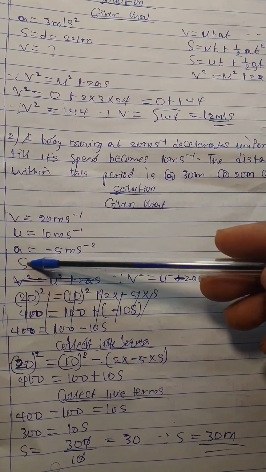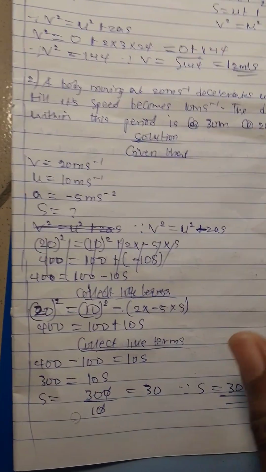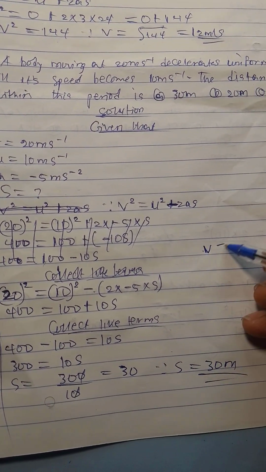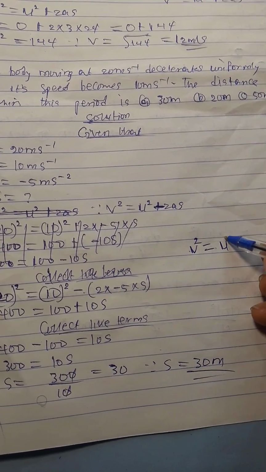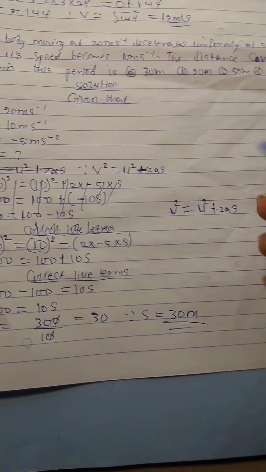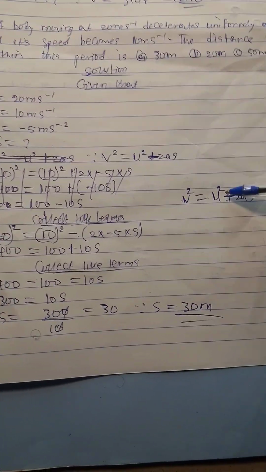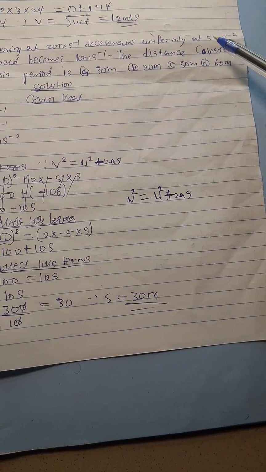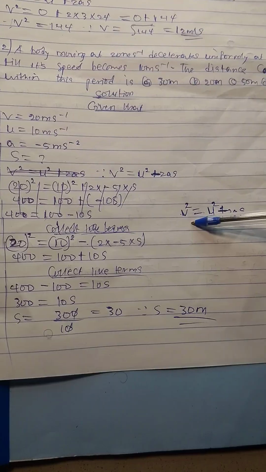The distance is unknown. So what formula should we apply here? From this question, we have that v squared is equal to u squared plus 2as, but the reason I'm using minus here is because the body is decelerating. So the formula will become v squared equals u squared minus 2as.